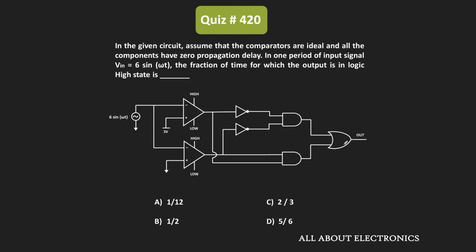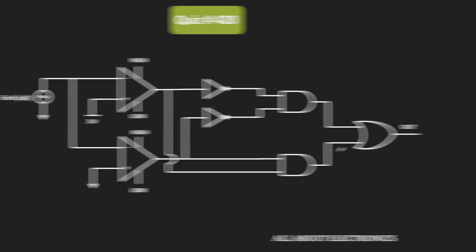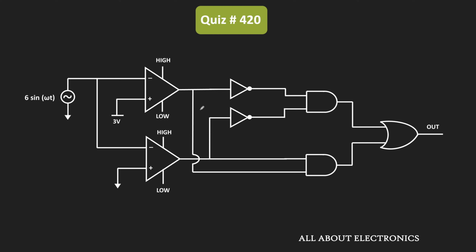Here we have been asked to find for what fraction of time this output is in the logic high state. Let's say the output of the first comparator is equal to x and the output of the second comparator is equal to y. So these two inputs will be x bar and y bar.